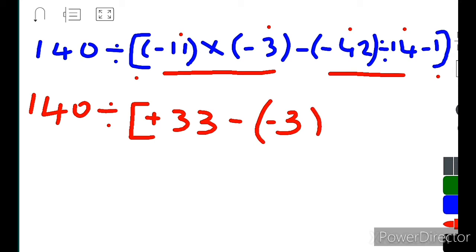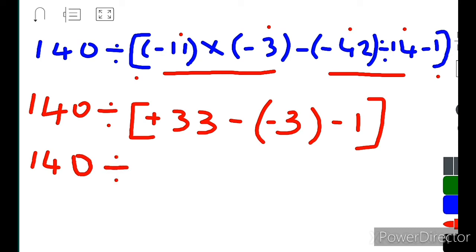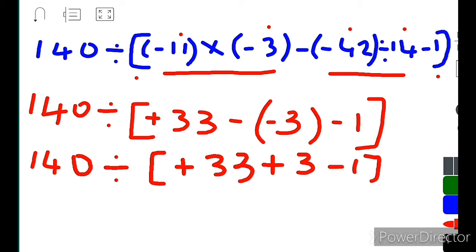So we will put it in the bracket. The two signs cannot be together. So it will come in the bracket. So this operation is completed. Now the rest here is minus 1. Understanding, children? Now we will solve this. 140 divided by, here you have plus 33, minus will become plus 3, minus 1.